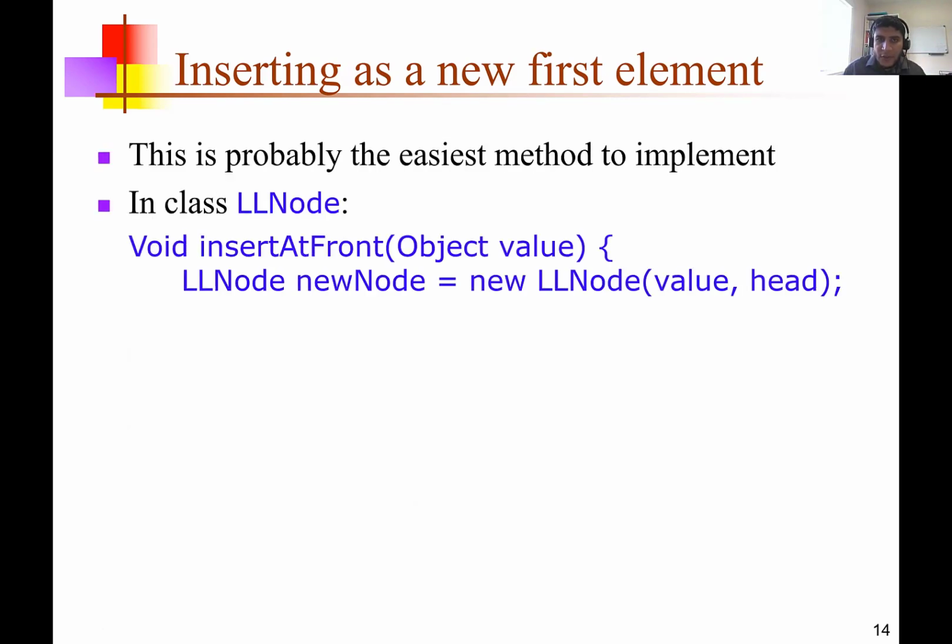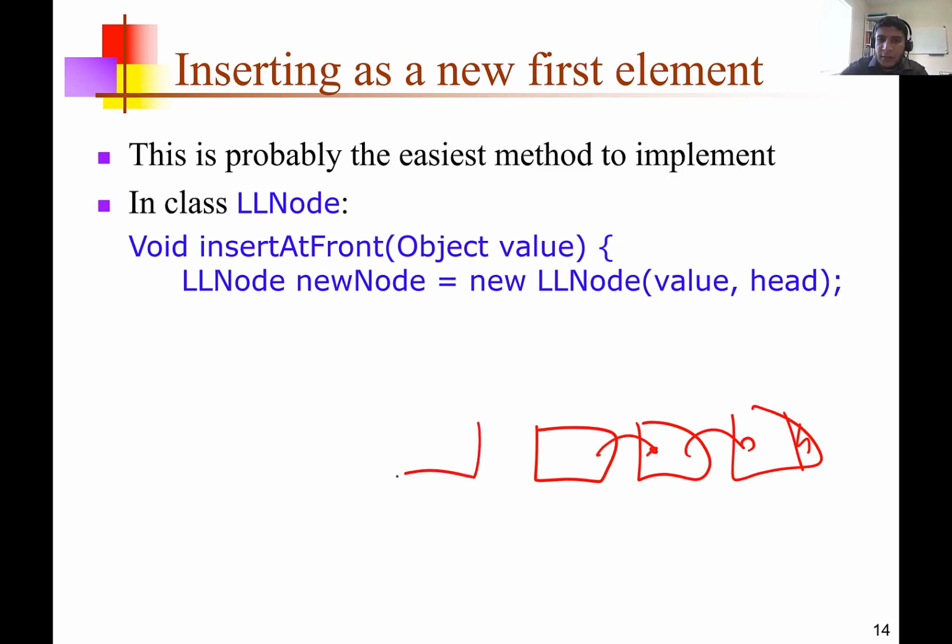Let me visualize it. So I have this list here. This is null, and this here, and I want to insert a node. First of all, you need to create the node you want to insert, right? Which is the new node, this one. And I'm calling it new node.